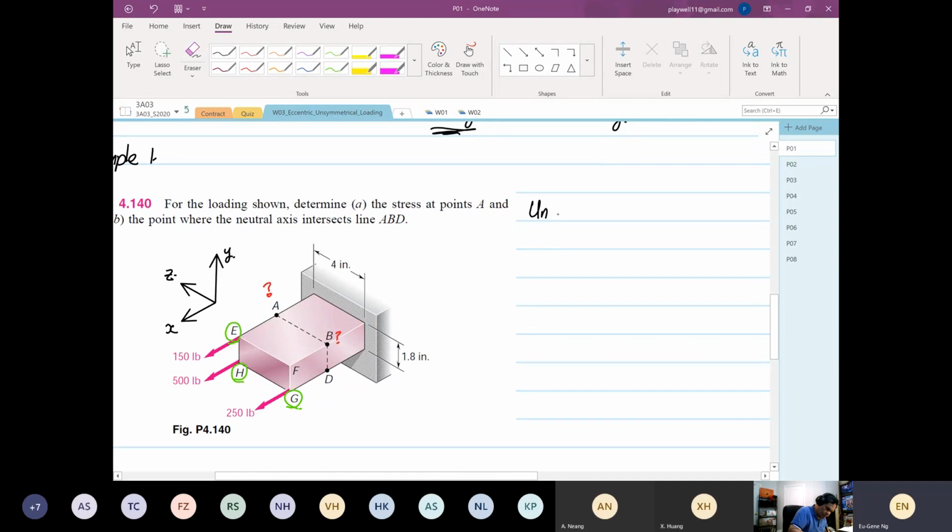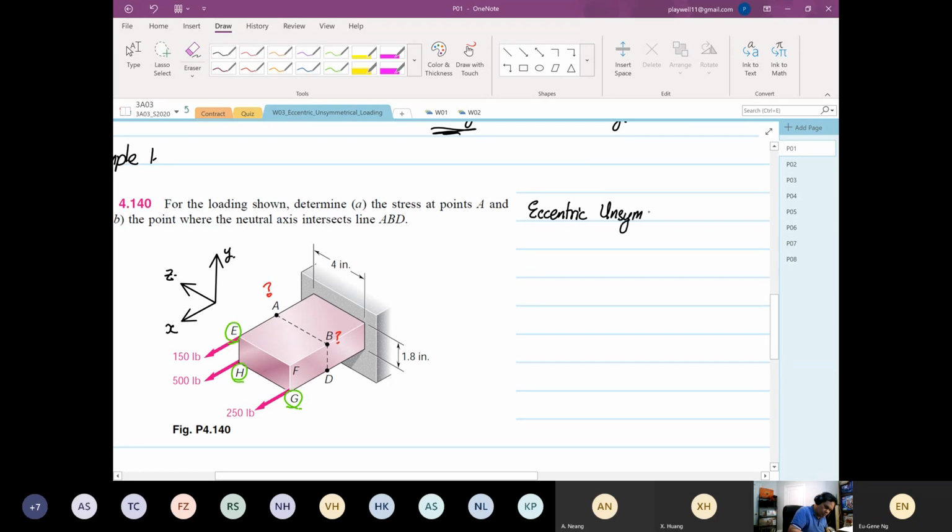eccentric or unsymmetrical bending. Right.